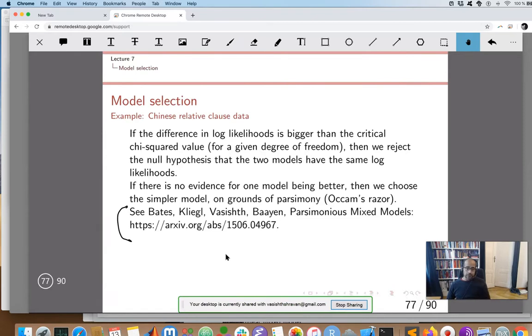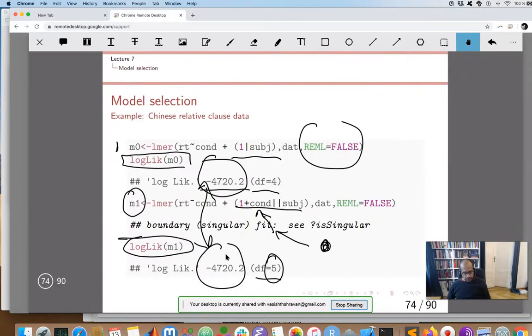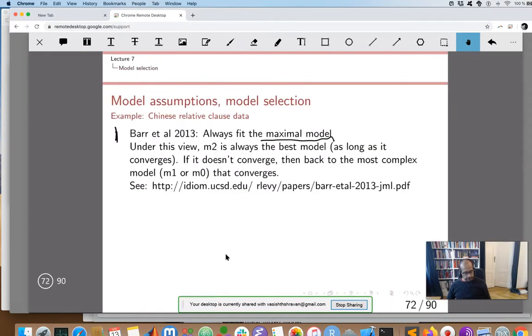Now, there's actually one very good argument for following the Barr et al. procedure. There's a very strong argument for following their advice, and the argument is that if you fit these overly simple models, like the varying intercepts models, what will happen is that you will get an inflation in the type 1 error.